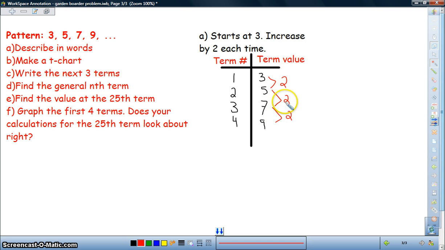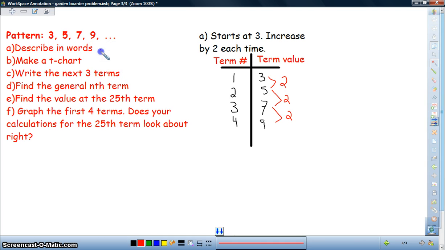Because these numbers increase by the same amount, we know our pattern is going to be linear. So if it increases by the same amount, or if it was to decrease by the same amount, we know it's a linear pattern from these numbers here that repeat.